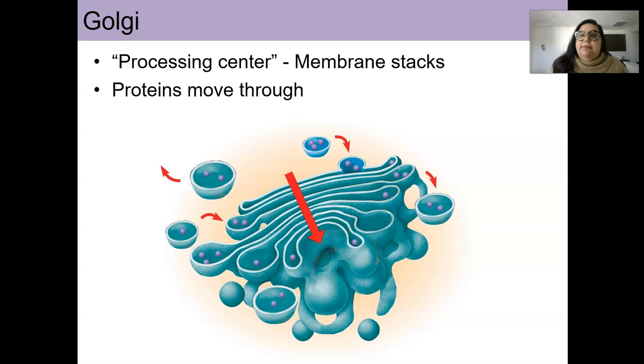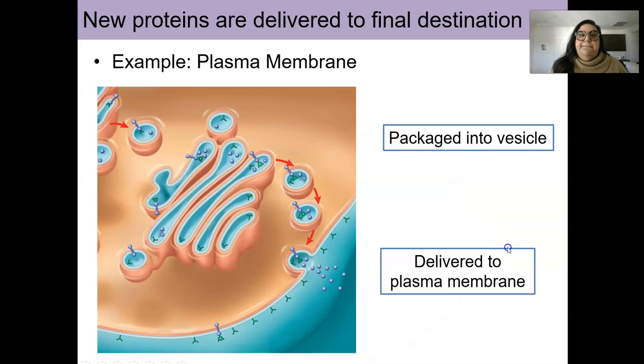Lots of things happen in the processing center to make the proteins ready to go to different sites in the cell or out of the cell. It's a bunch of membrane sacs, and the proteins move through the membrane sacs. Then, after it's done at the Golgi, the proteins are delivered to the cell membrane.